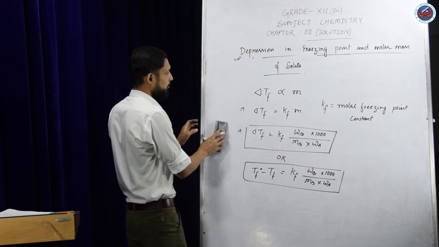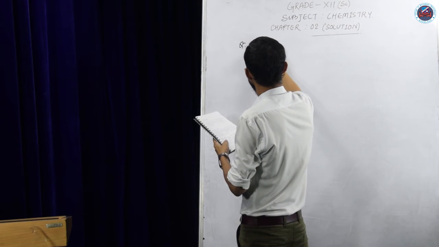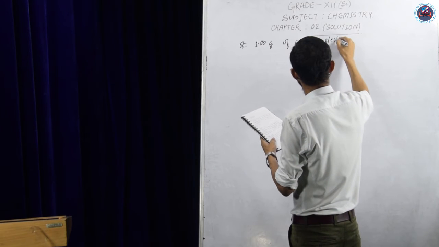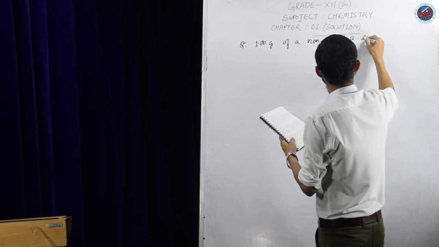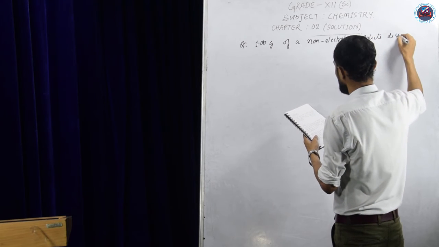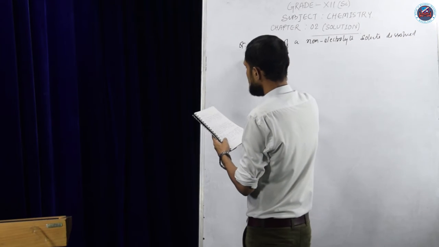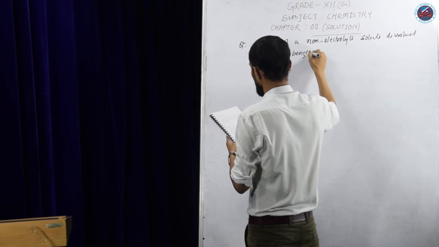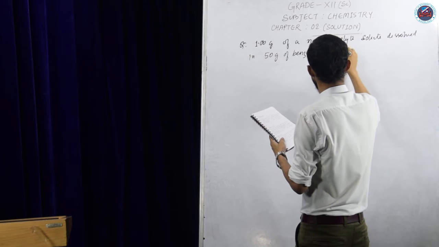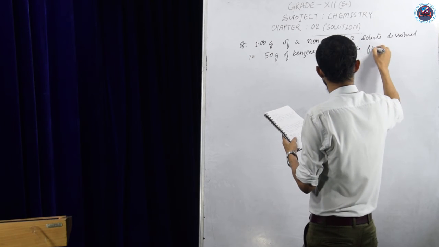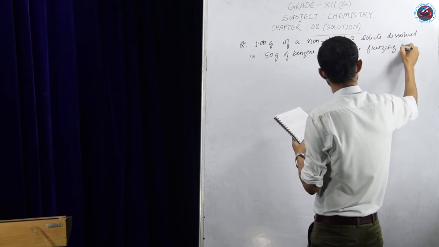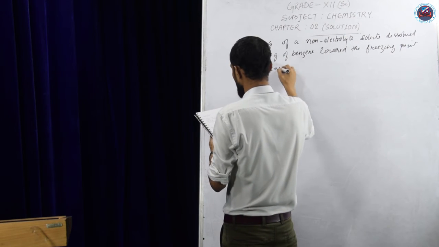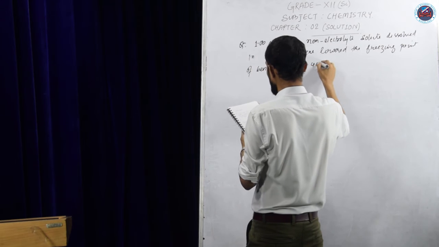So let us see a numerical from this topic. 1 gram of a non-electrolyte solute dissolved in 50 gram of benzene lowered the freezing point of benzene by 0.40 Kelvin.